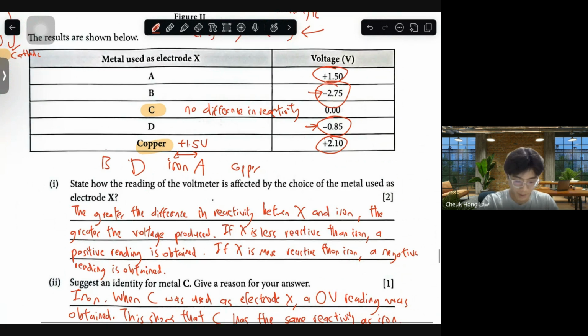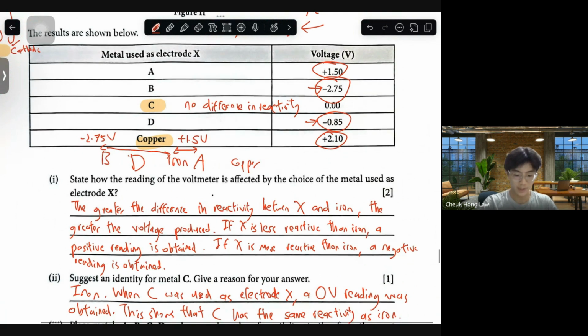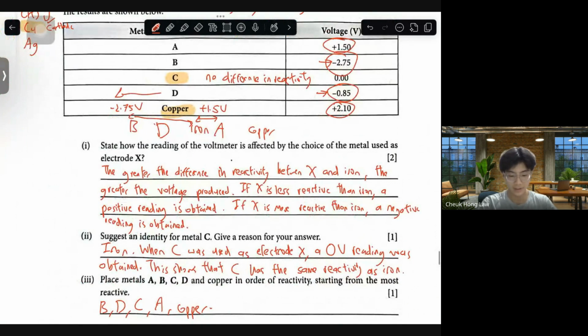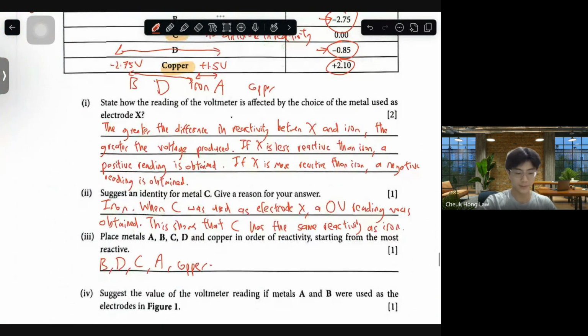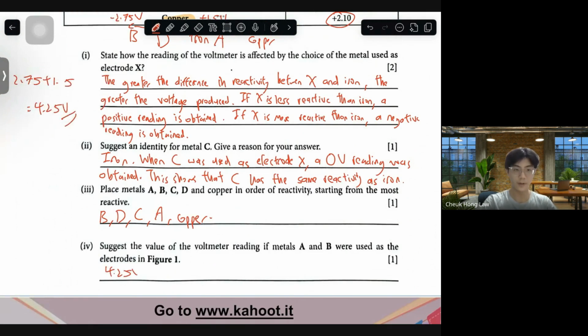Then from iron to B, it is negative 2.75 volts. So B to A will be 1.5 plus 2.75. It is just the longest distance. So what is 2.75 plus 1.5? 4.25. So the value is 4.25 volts.